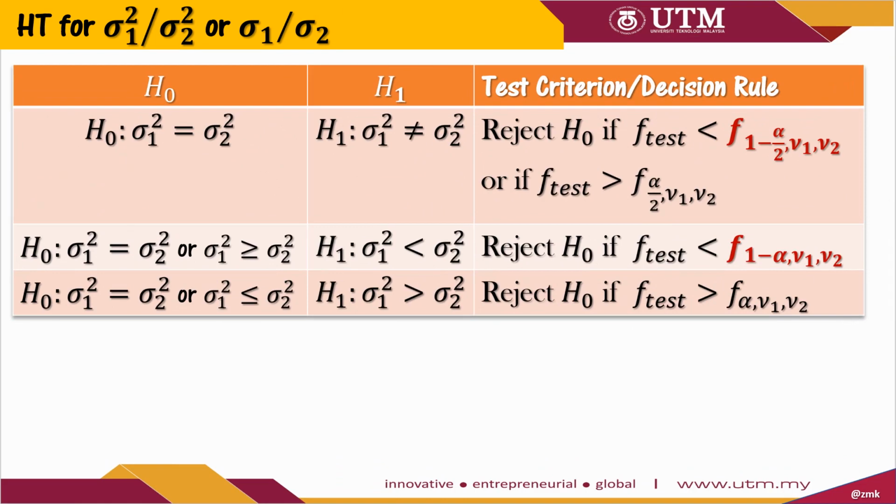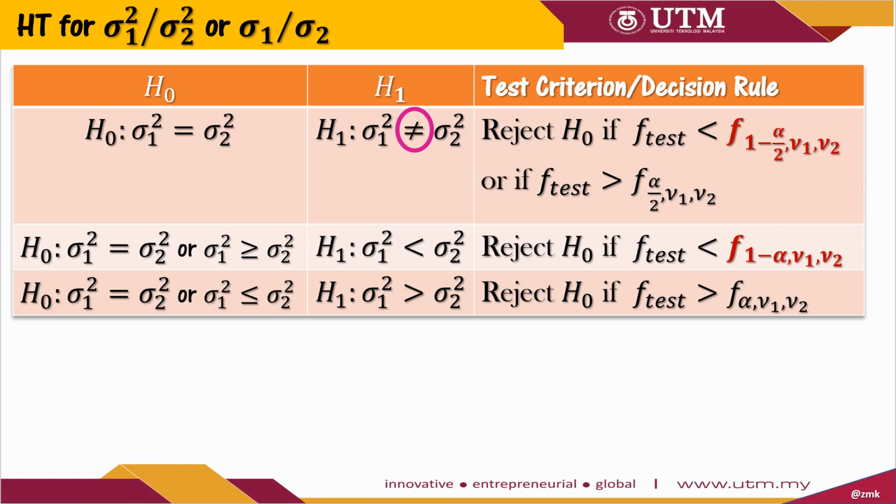The first type is the two-sided test denoted by an equal sign under H1, when we want to test if the first population variance is different from the second population variance, or if the ratio between the two variances is different from one under the alternative hypothesis H1.